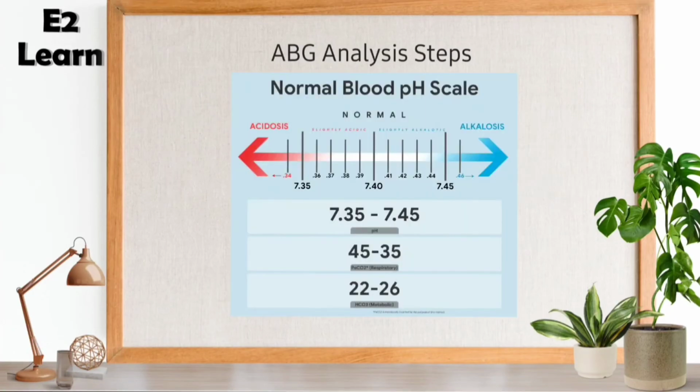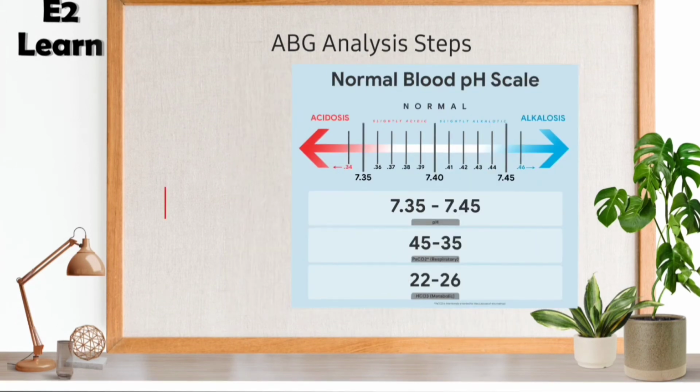This picture denotes a scale wherein any value on the left hand side is considered to be acidosis and any value on the right hand side is considered to be alkalosis. In numerical value, if the pH is lesser than 7.35, it is acidic, and if the pH is more than 7.45, it is considered to be alkaline.